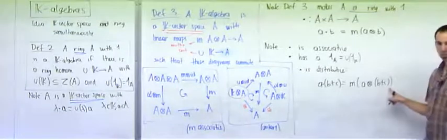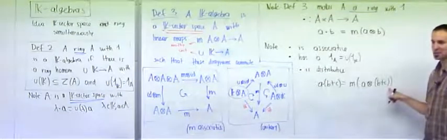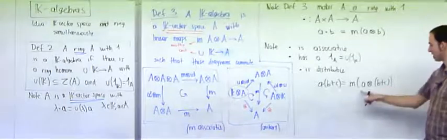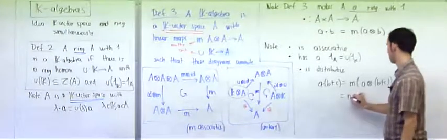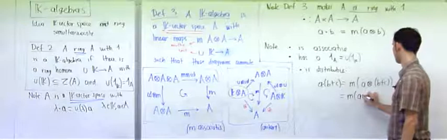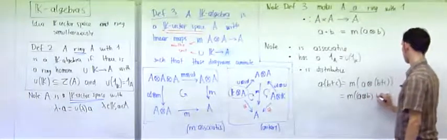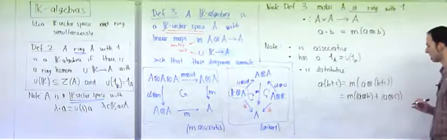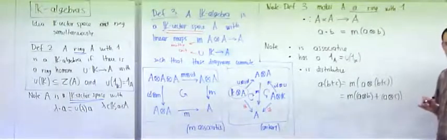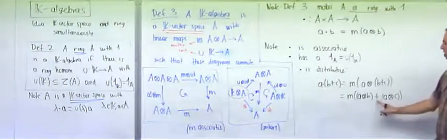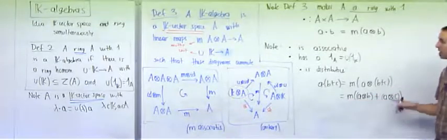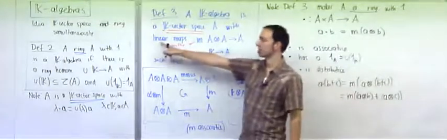Can I distribute this? Why? That's how tensors work, right? You can distribute with tensors. A tensor B plus A tensor C. What should I do next? I need to use that M is linear, and that's an essential condition here.